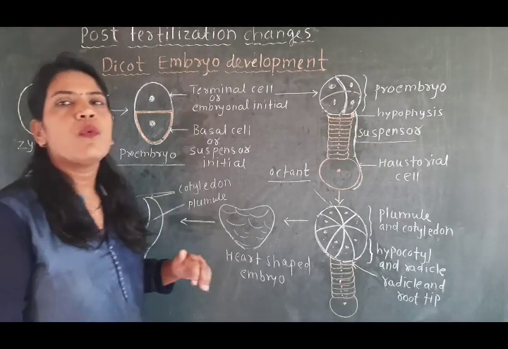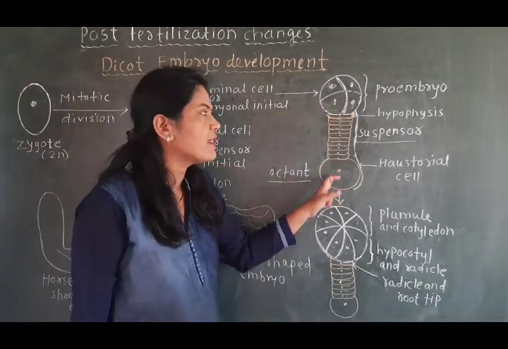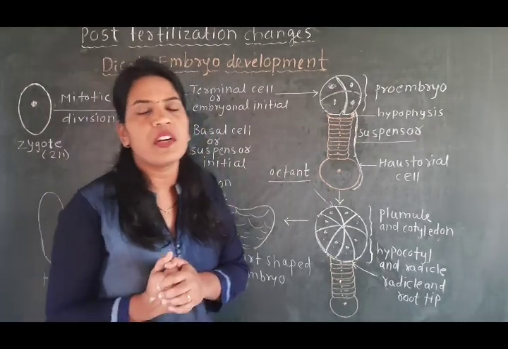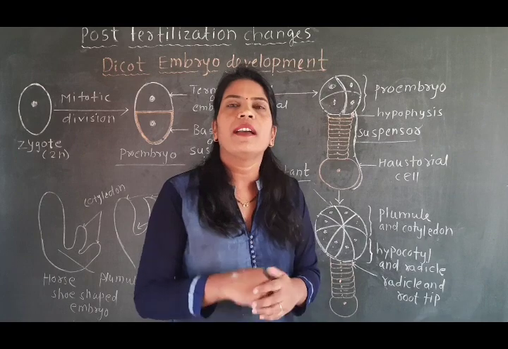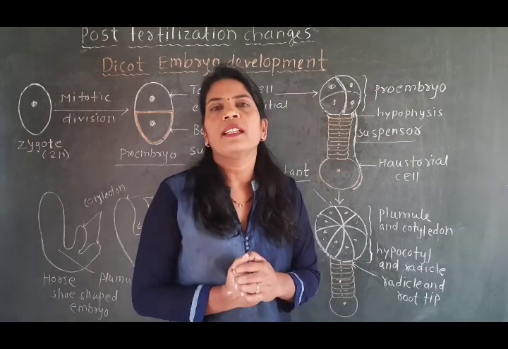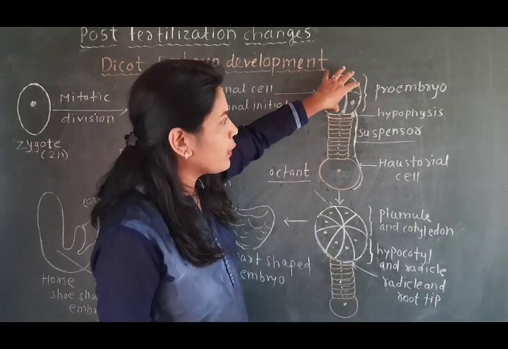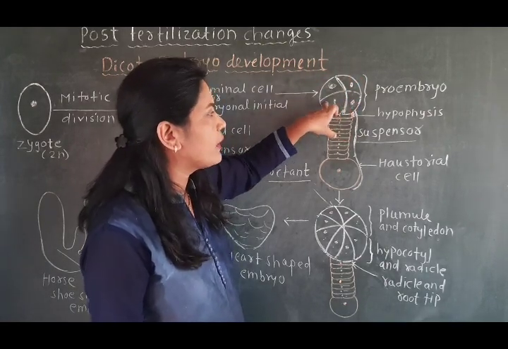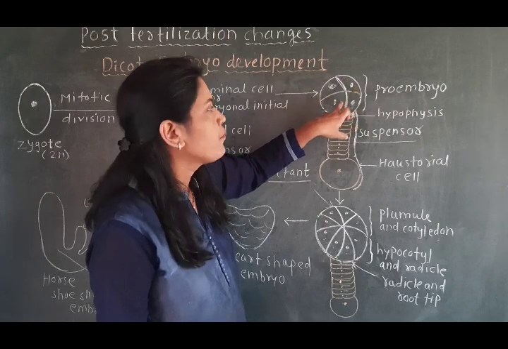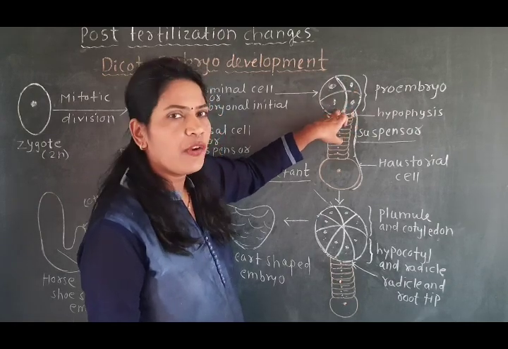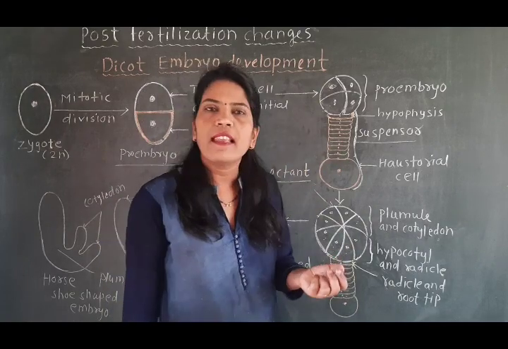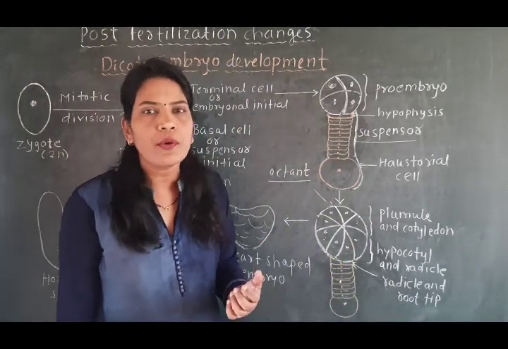Okay, then what is the function of this suspensor? Here we label it as the suspensor. The suspensor's function is that it pushes the embryo toward the endosperm. This is the embryo, which we have drawn in white color. The embryo is always pushed toward the endosperm by the suspensor, and as you know, the endosperm is the nutritive tissue.